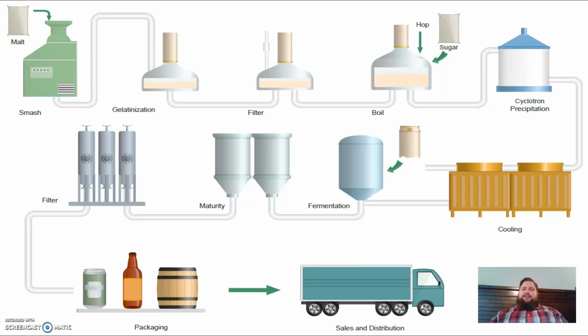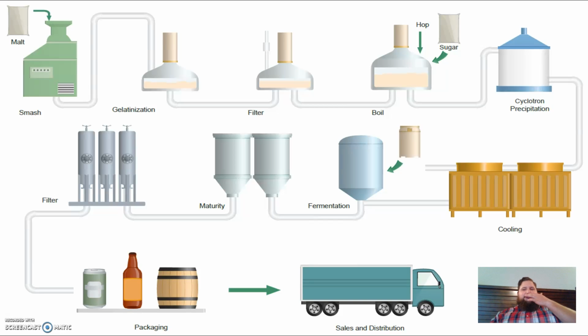During the boiling process, you're going to be sterilizing the wort and adding hops and maybe additional sugars depending on the recipe. Maltodextrin can add a little bit more body. Lactose, you can make like milk stouts and such like that. After the boiling process, it's going to be sent into the whirlpool.